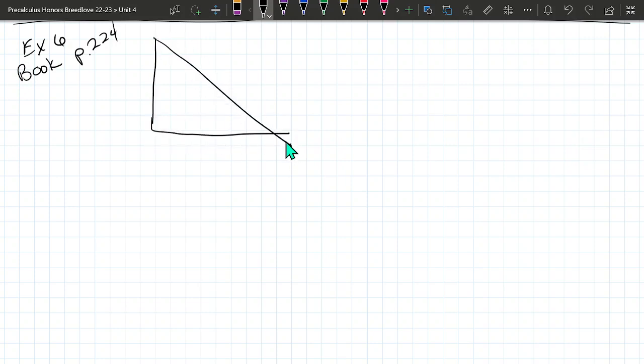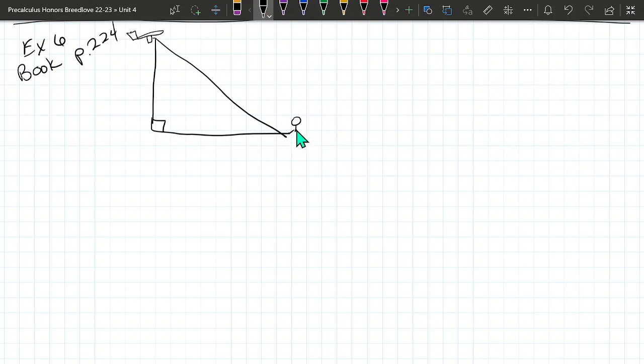Close enough. And it shows the airplane. This is my airplane. And here's the guy that is working there. He needs to be standing here.